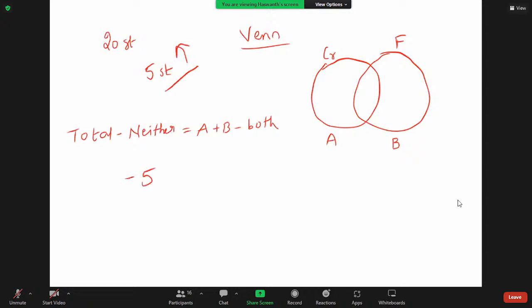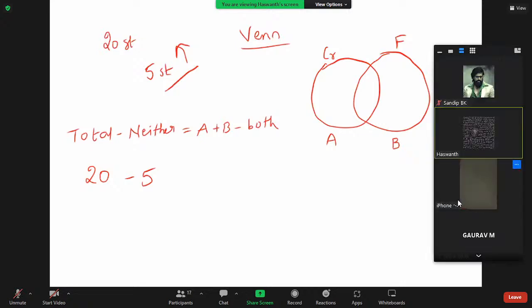In this example, these are students who play neither cricket nor football. Total means 20 students are there, minus neither, which is those not playing cricket and not playing football.